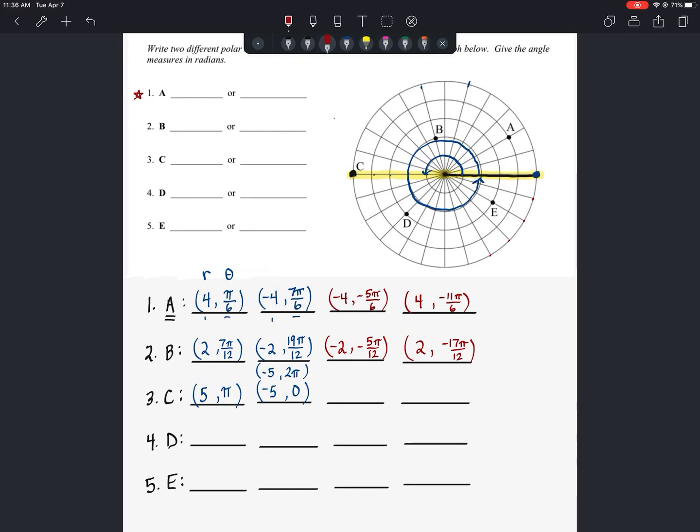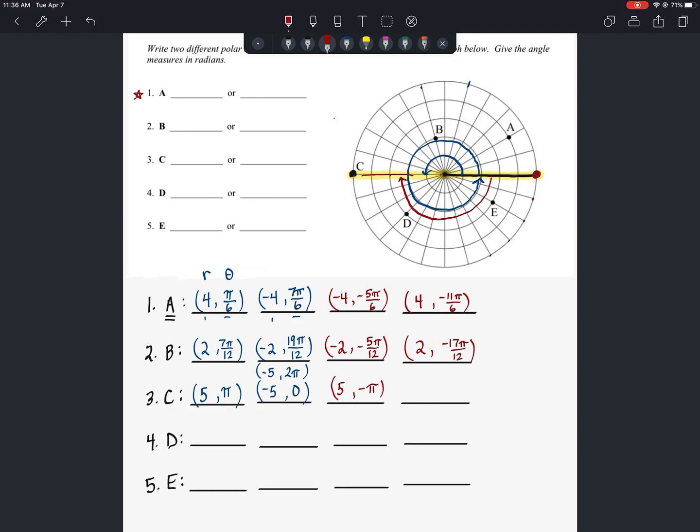And then let's just go the other direction. Let's say if I started and went from 0 backwards like this, I could end up right here. So that would be my negative pi radians. And since we're on this side, C would be a positive 5.